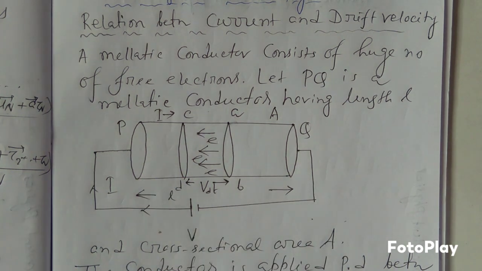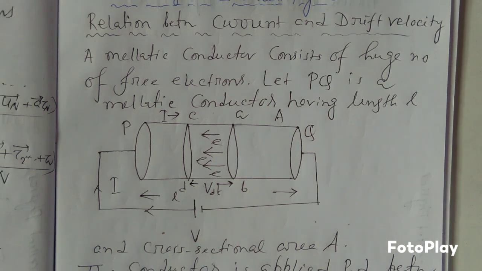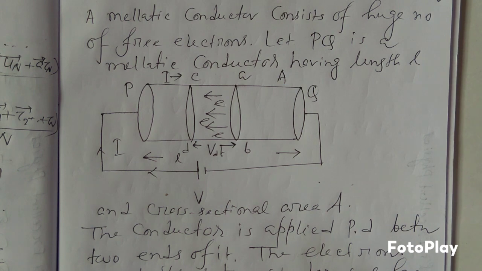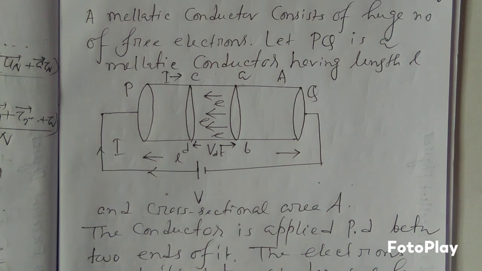The current I flows from the positive terminal to the negative terminal, as shown in the diagram.